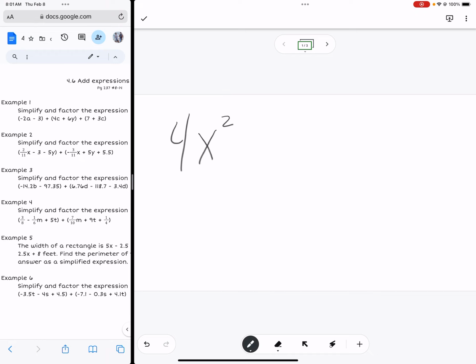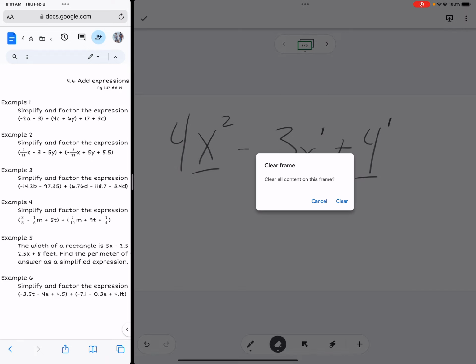Like 4x squared minus 3x plus 4: x squared, x to the power of 1, and then your constant.